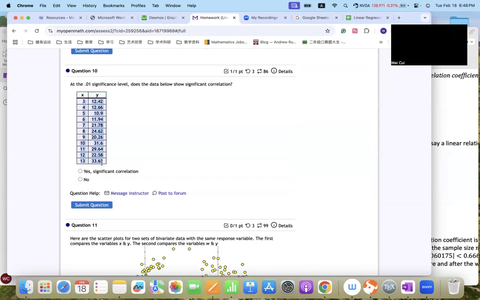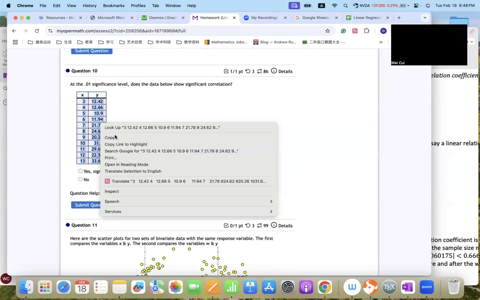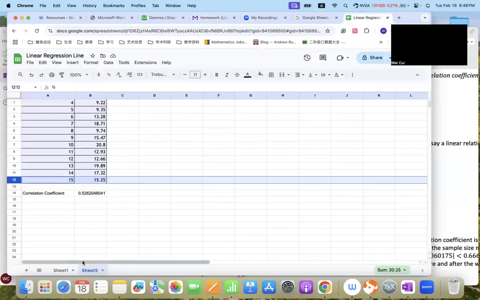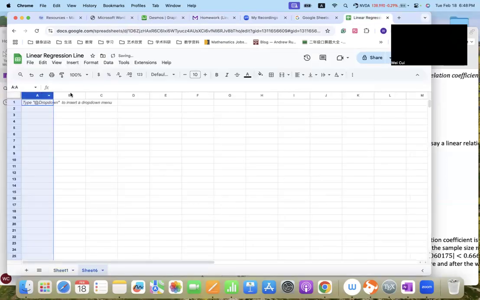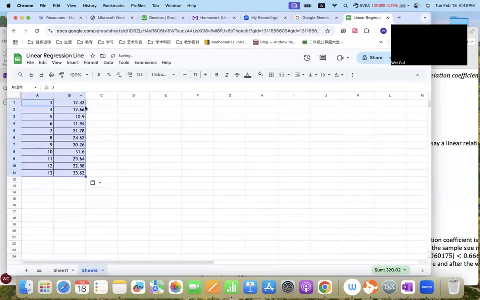So first, what we do is copy them here and enter A1 to A11, and B1 to B11.